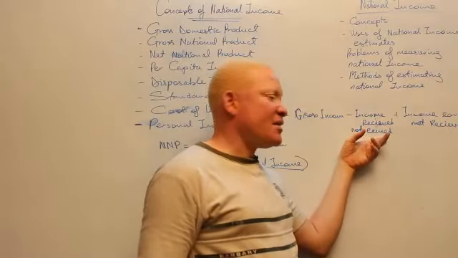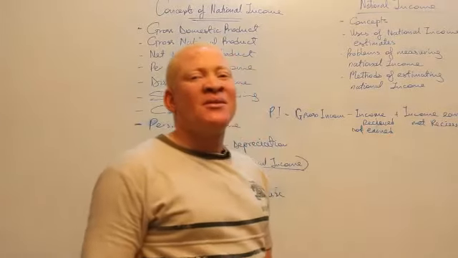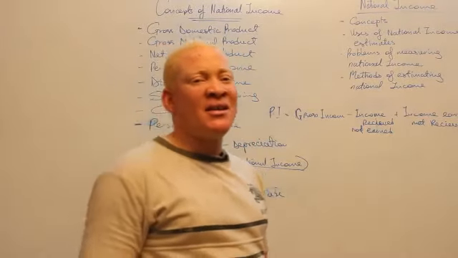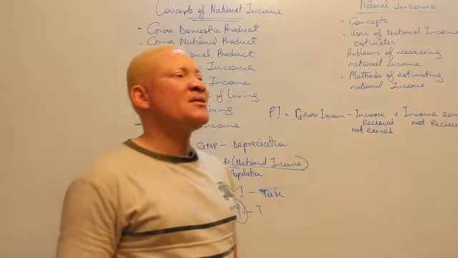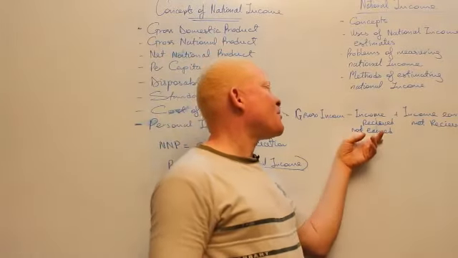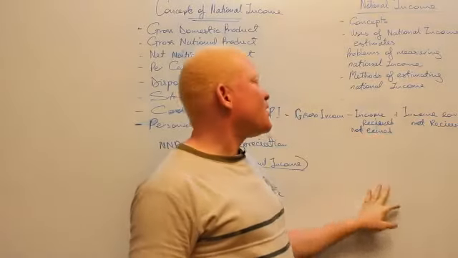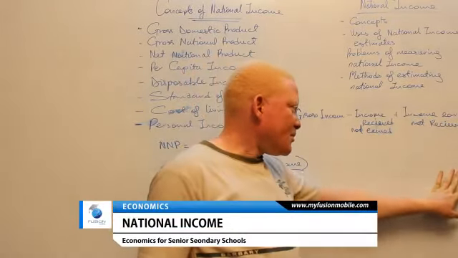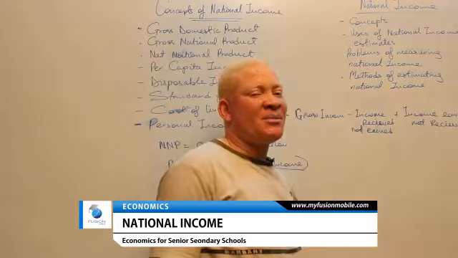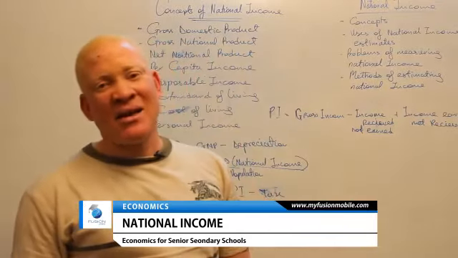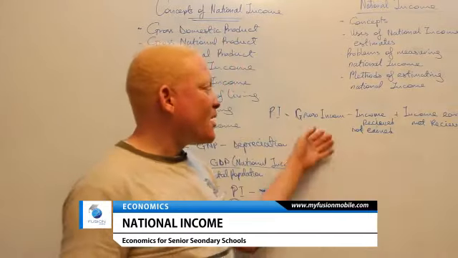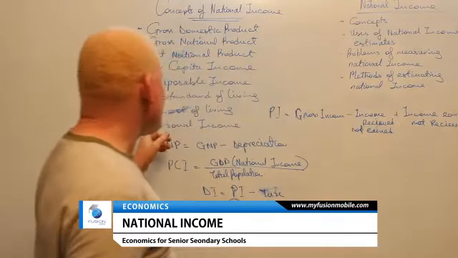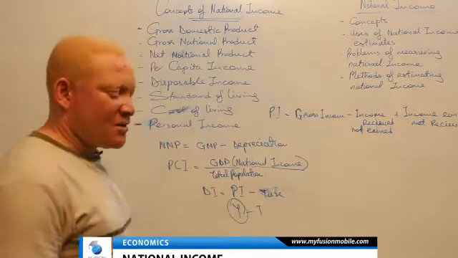Income received not earned means those kinds of things, like I mentioned earlier: transfer payments, subsidies, pension allowances, and so on and so forth. But income earned not received, for example, is your tax and other necessary or statutory deductions. Now, by the time you add and subtract, then you have what you refer to as your personal income.